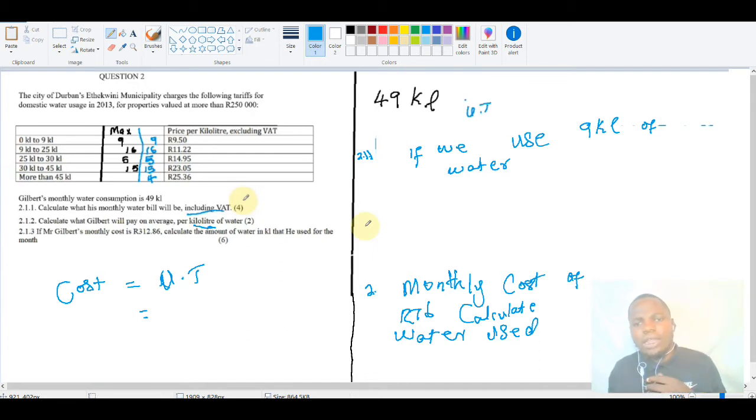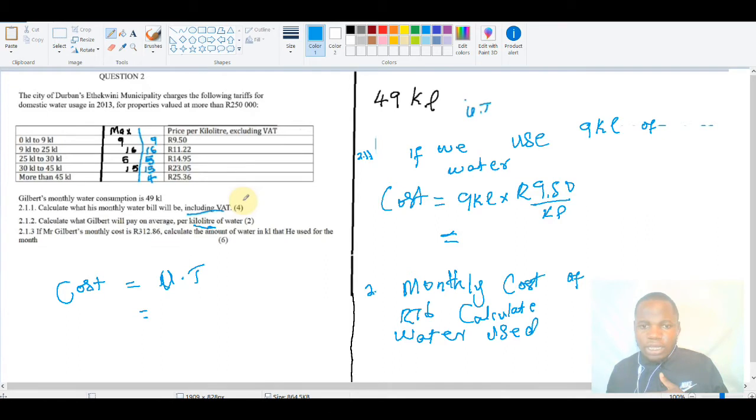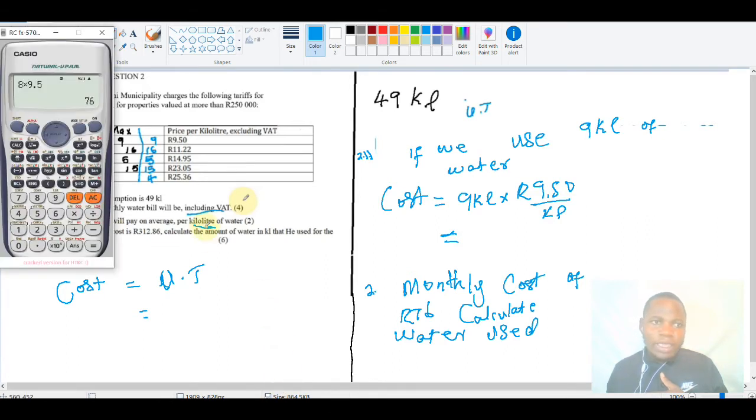So now let's see, if we use 9 kiloliters of water, what will be the cost? The cost will be used times tariff. So we use 9 kiloliters. The tariff there is 9 rand 50 per kiloliter. So what is the cost you get? Let's use our calculator there.